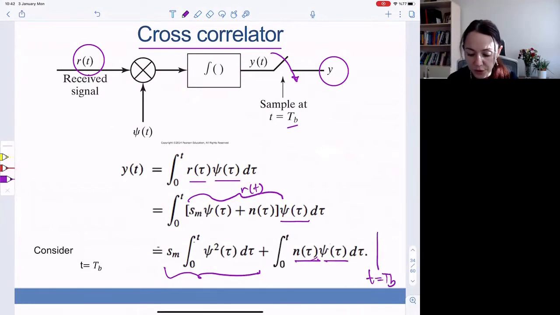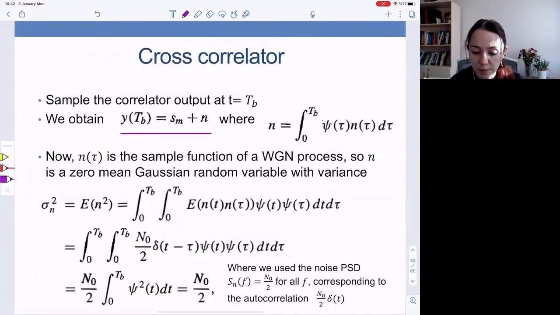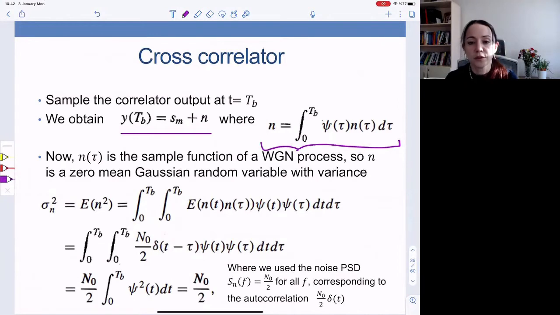Well, the energy from 0 to TB is 1 for this unit energy basis function phi(t). So the result is going to be s_m plus n, where n is the filtered noise.